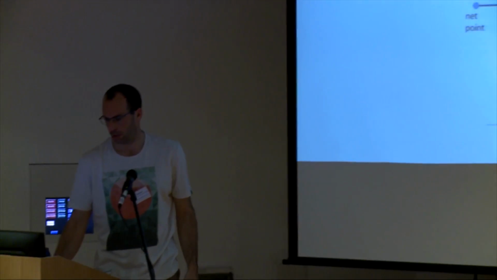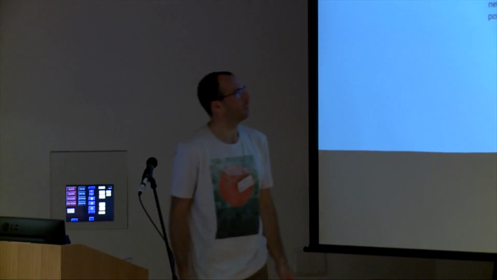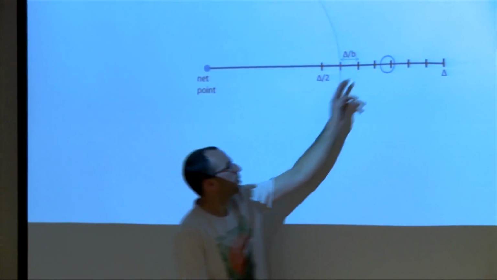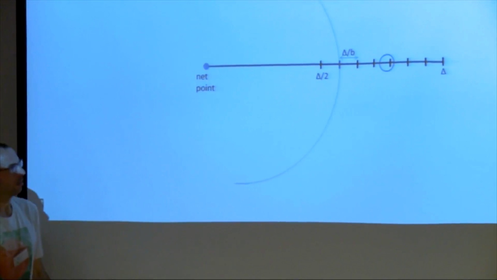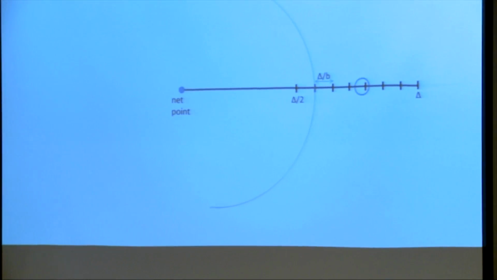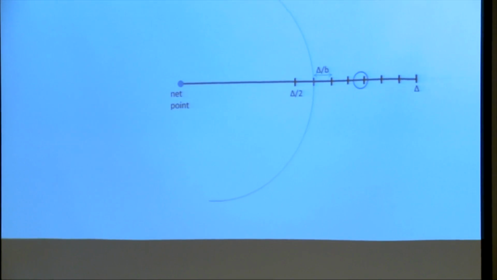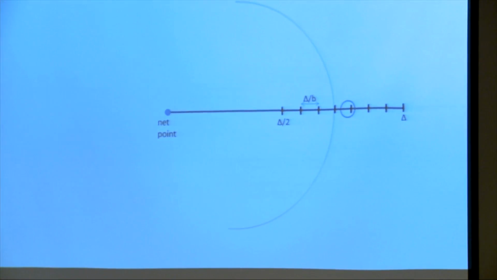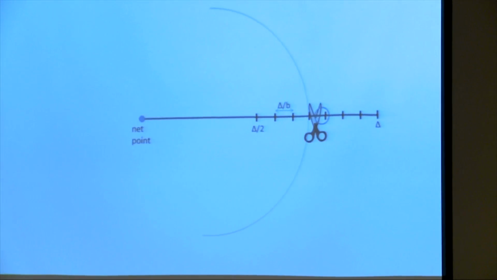Pictorially, we have some net point here, and we divide this range into intervals of length delta over b. Each time we toss a coin, either to continue to the next interval or stop. And when we stop, we cut somewhere uniformly in this range.